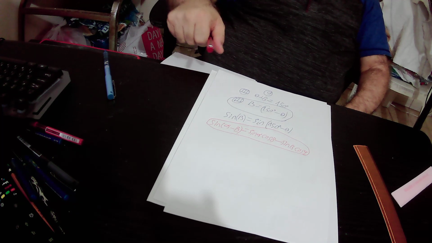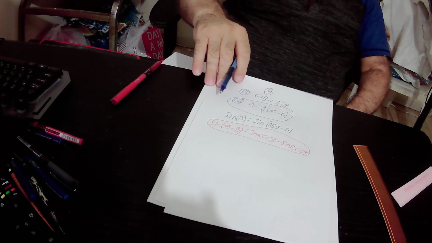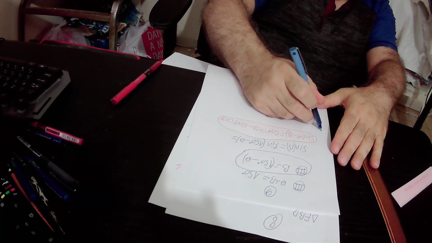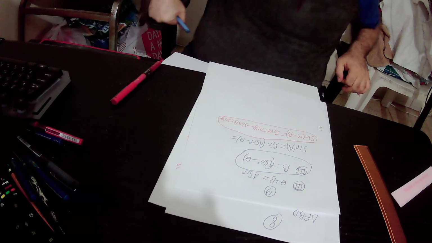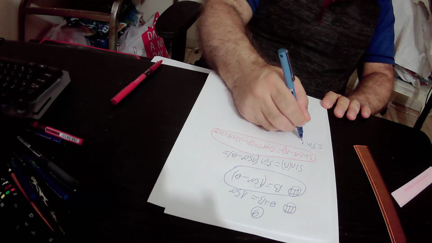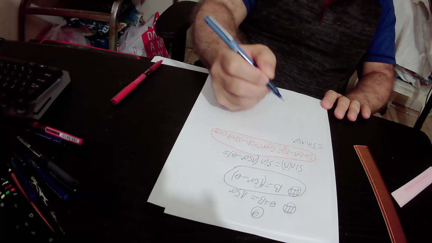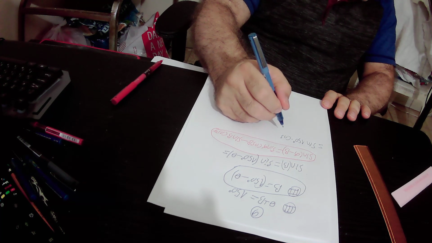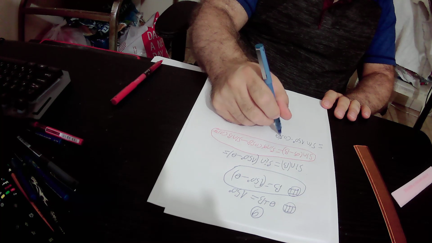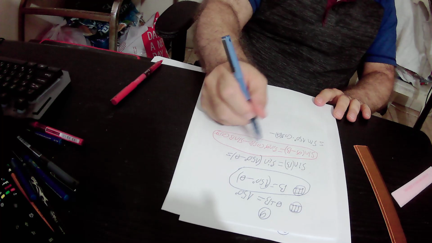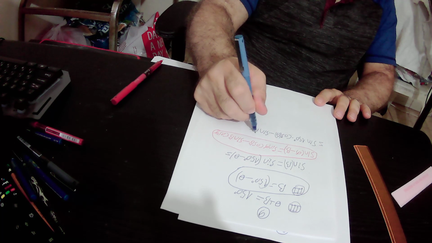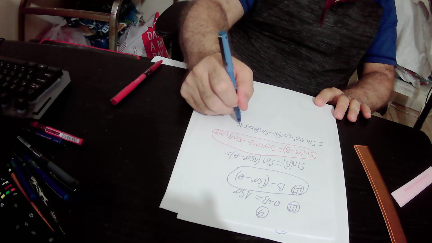So according to the second identity, sinus 150 degrees minus theta equals sinus 150 degrees times cosinus theta minus sinus theta times cosinus 150 degrees.